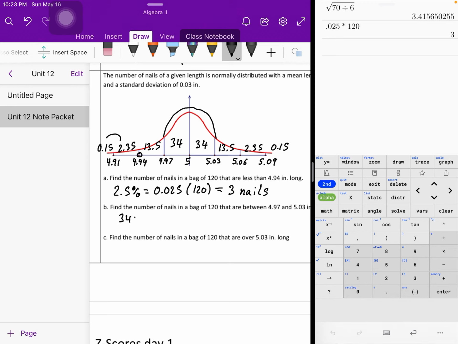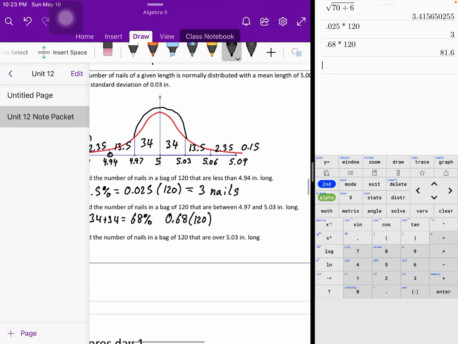So that's both of the 34s together. So if we add those, we end up getting 68%. And again, out of 120, we're going to take 0.68 times 120. This one is 81.6, but obviously we wouldn't get an exact. We would round up for this one. So we would go to 82 nails.